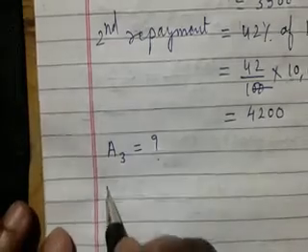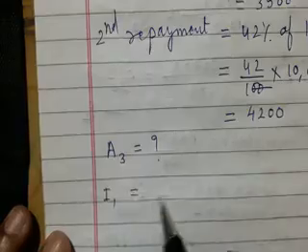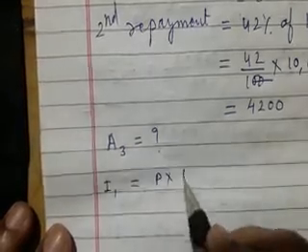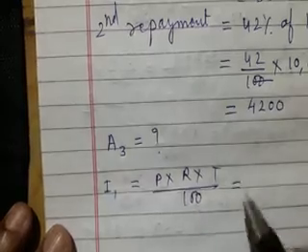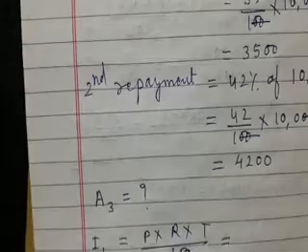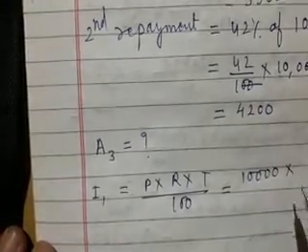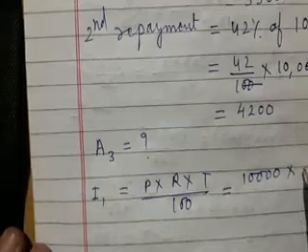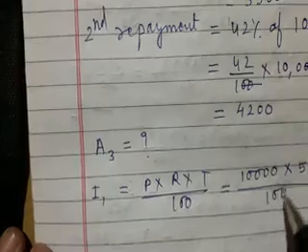First we find out the interest for the first year. This is P into R into T upon 100. Put the value of P. Principal we are given 10,000, and rate of interest is 5%, time 1 year, upon 100.